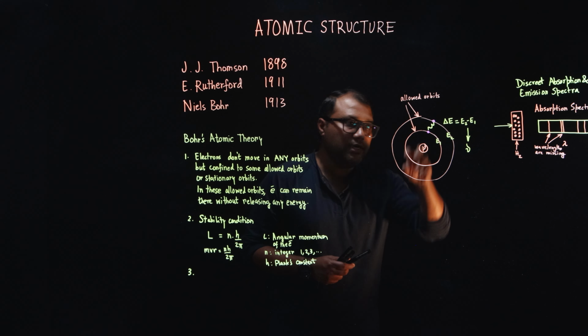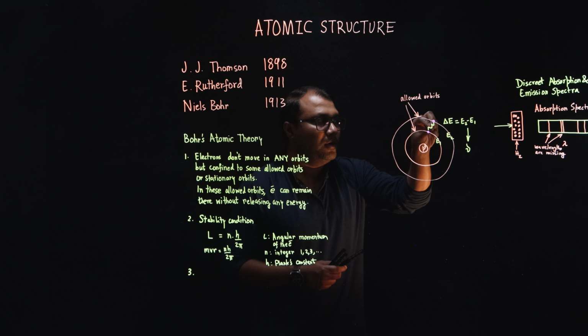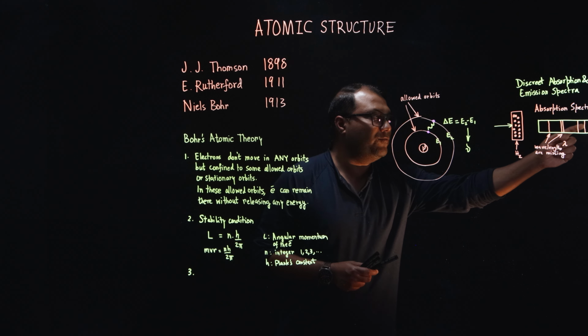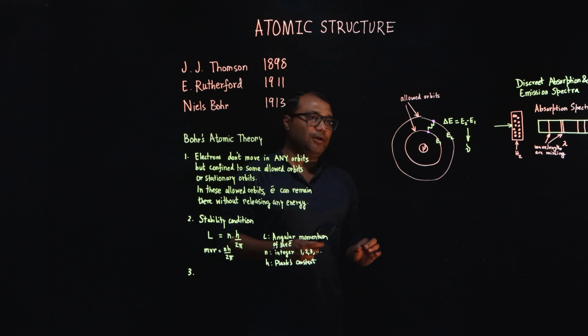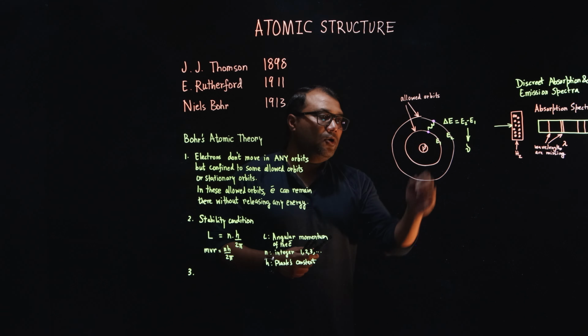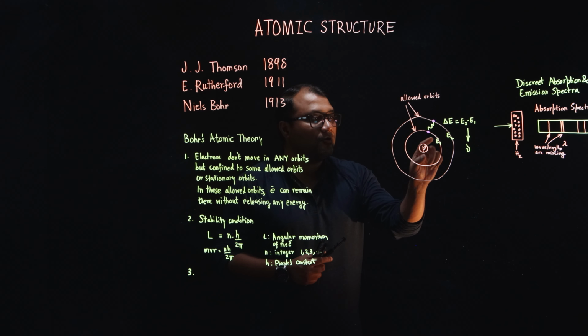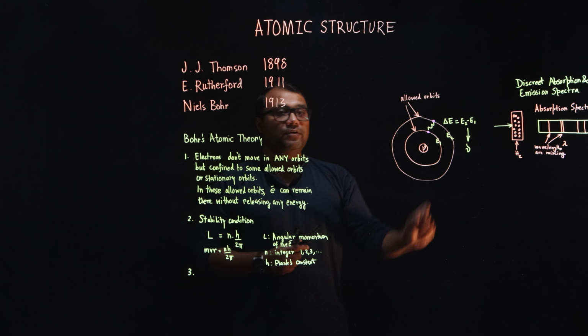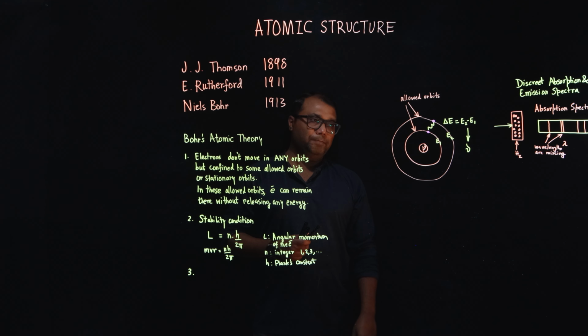So what happens, only those photons of light are absorbed. That's why those particular wavelengths corresponding to that photon of light are missing in the absorption spectra. Only those photons are absorbed which allow this transition from E1 energy level to E2 energy level.